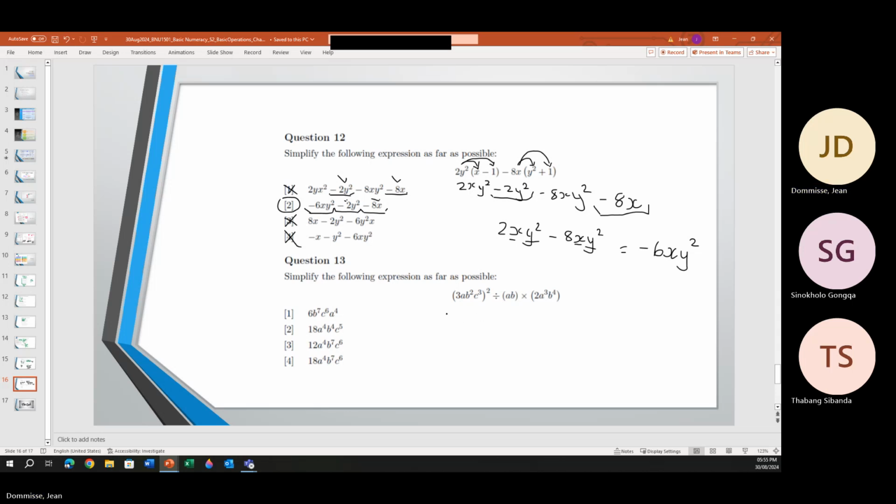So what I sometimes do to make it easier for myself is I write down actually what they want me to do. So they said 3ab to the power of 2, c to the power of 3, and that we actually multiply by itself.